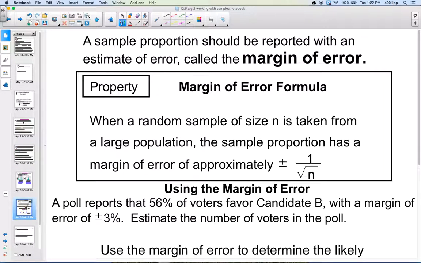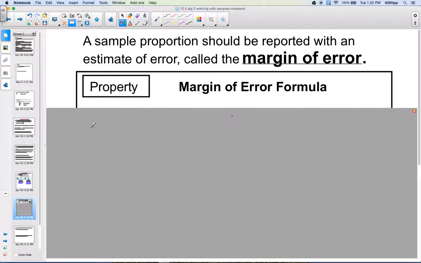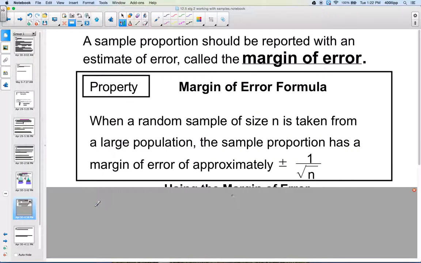Okay, let's talk about now the margin of error. A sample proportion should be reported with an estimate of error called the margin of error.